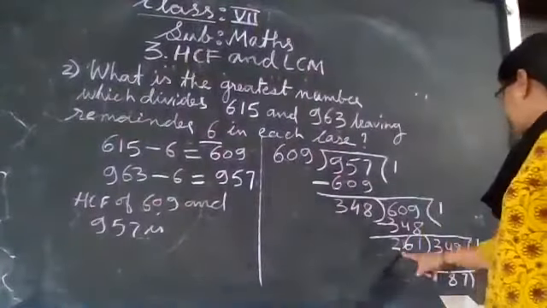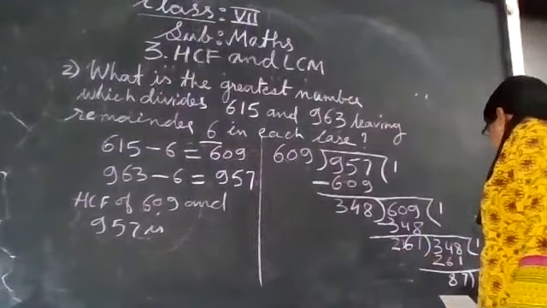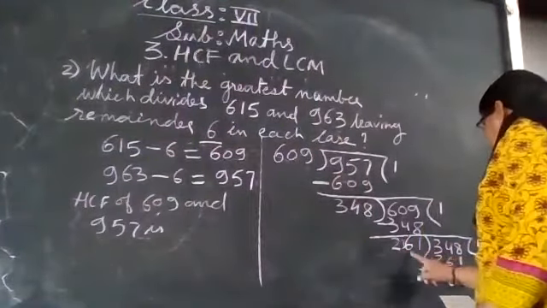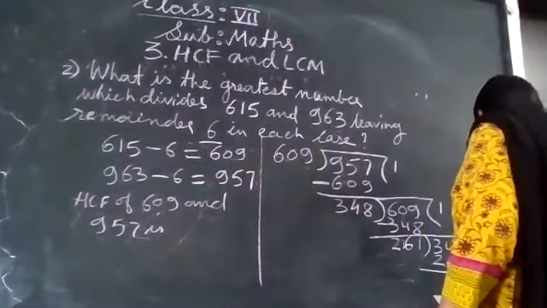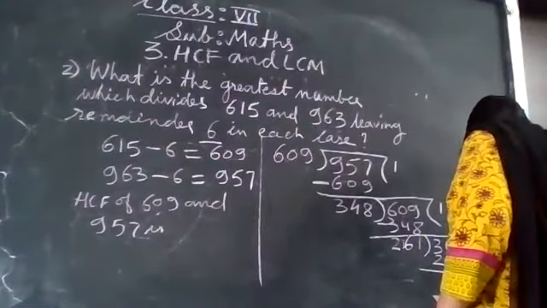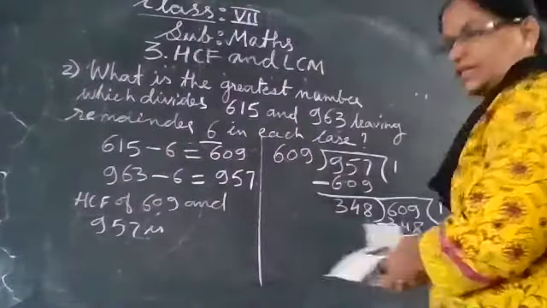Now this remainder becomes divisor, and the divisor becomes dividend. 261. 87 3s are 261. And you will get here, beta, 0, 0, 0.